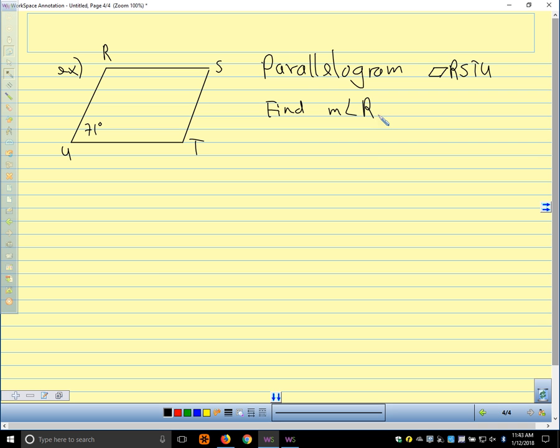So we look at this, we say, oh, okay, we have a parallelogram. What do we know about the angles in a parallelogram? We have two sets of parallel lines. That's the information that we know about the sides. So we could go about it that way. If these two are parallel, what do we know about these two angles?